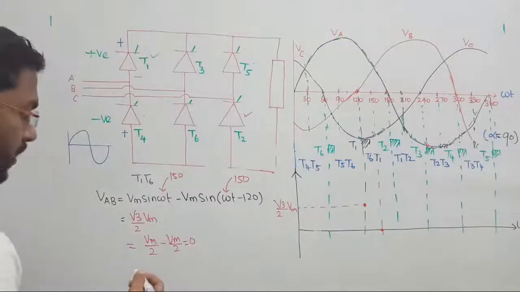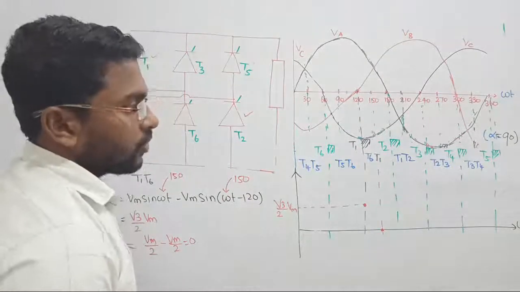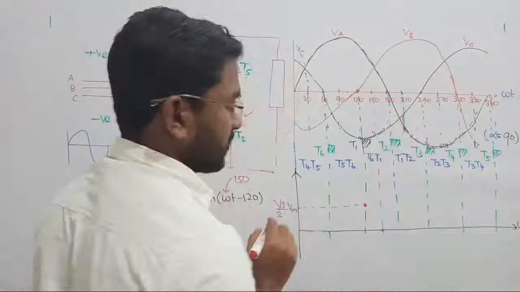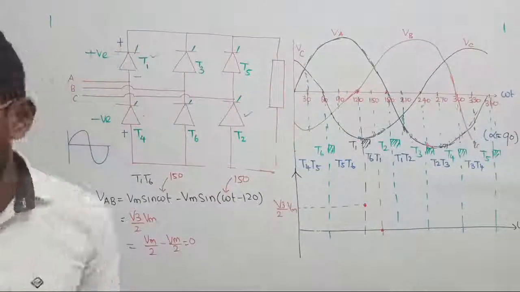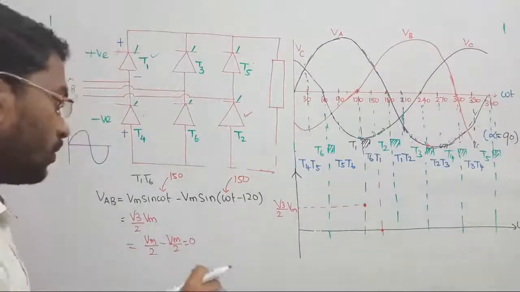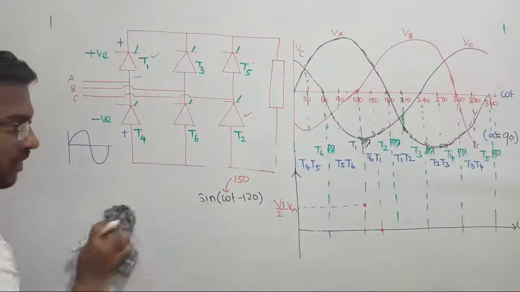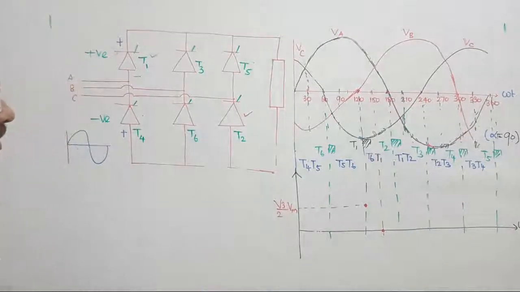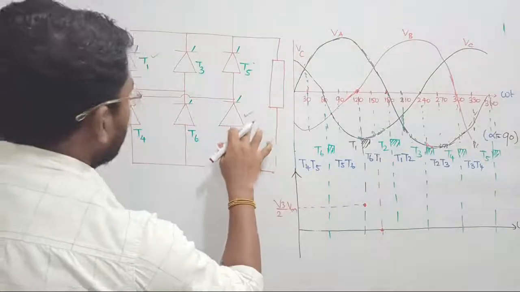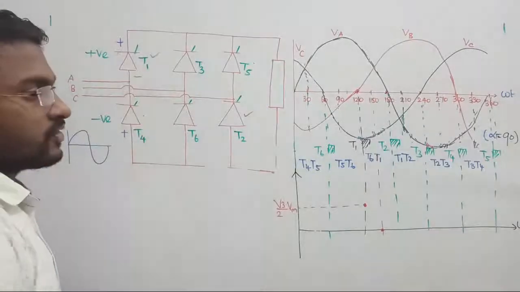At 180 we are triggering the next thyristor. Which thyristor? Thyristor T3 will be triggered. So we will have to change the train now. T6 will be stopped at the junction T2. Now T2 and T1 will carry the passengers from 180 onwards.